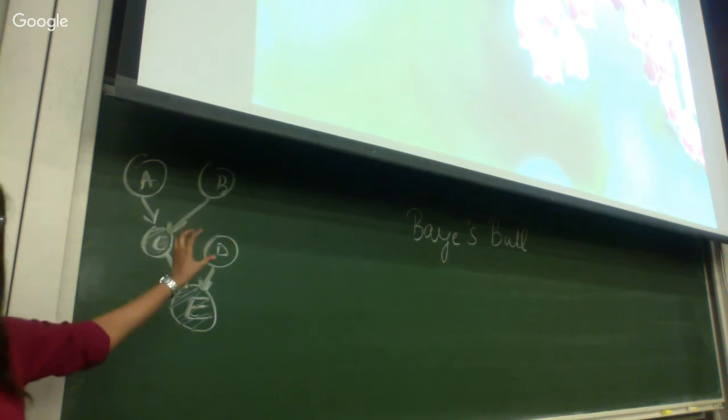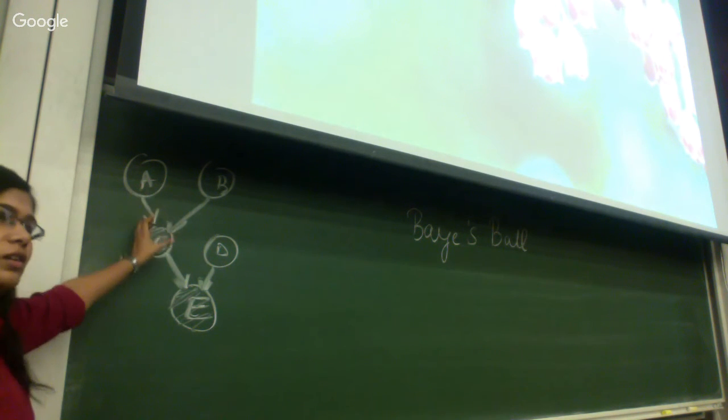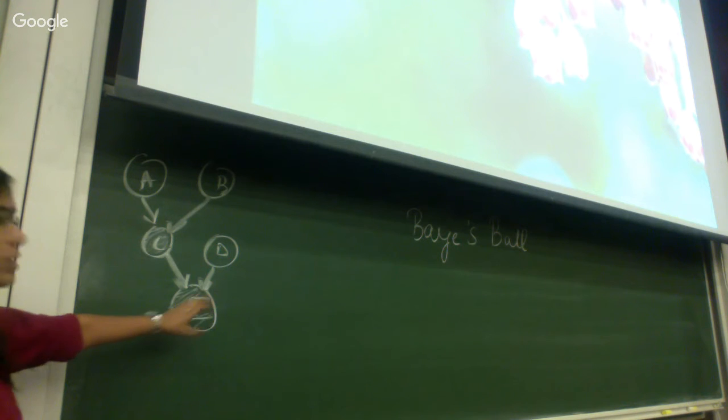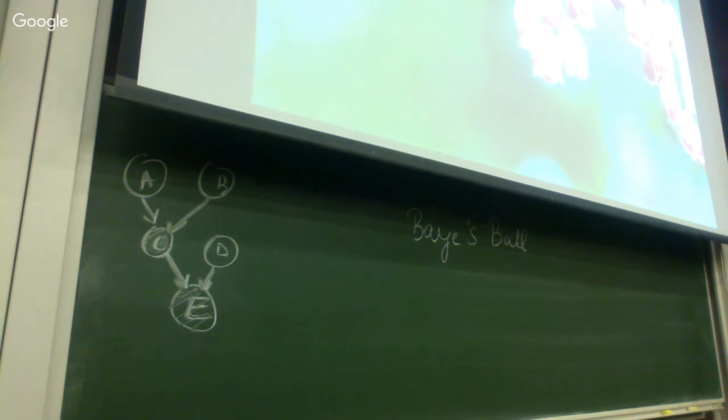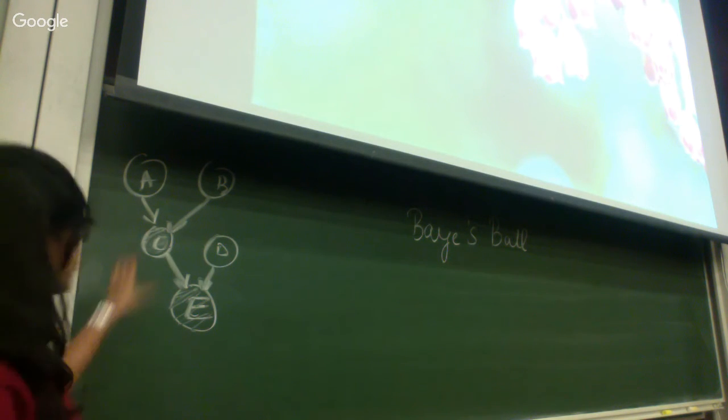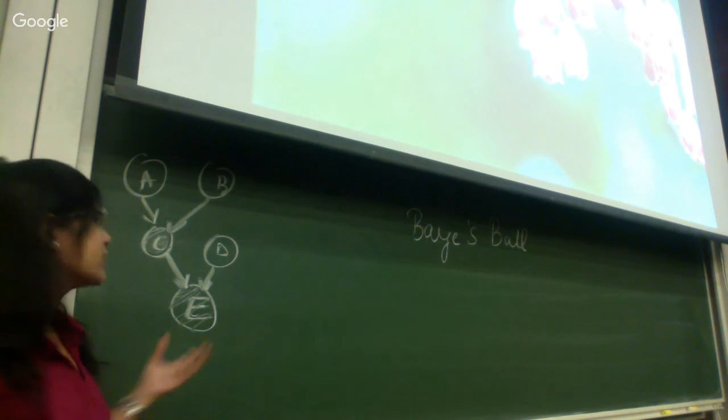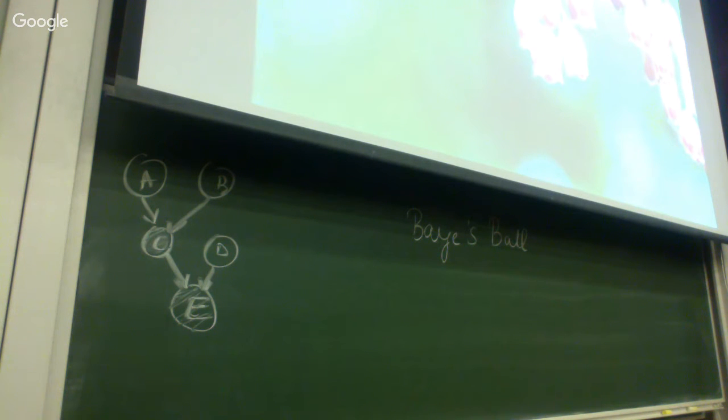If there's a path through which the ball can be thrown to some other node, then there's a dependency relationship between those two nodes. If a path doesn't exist, then there's conditional independence.